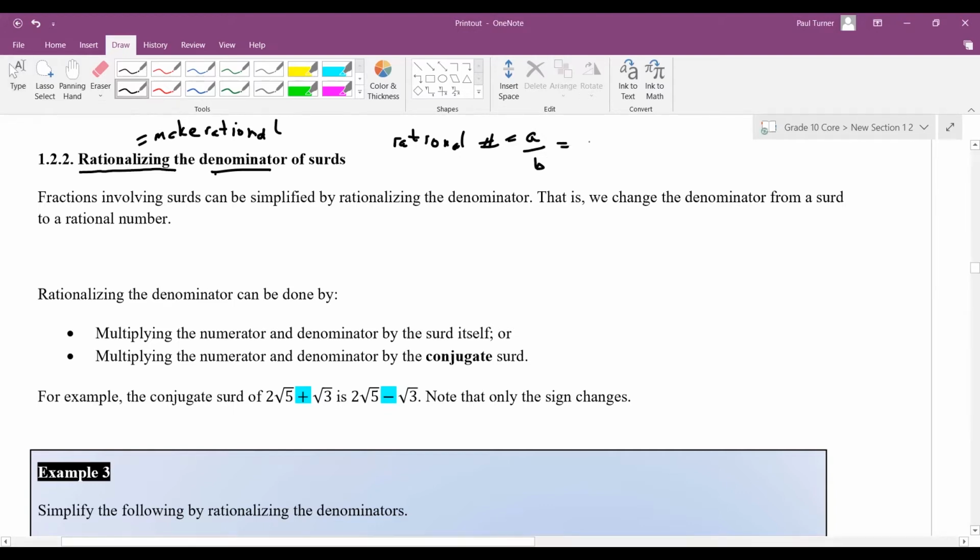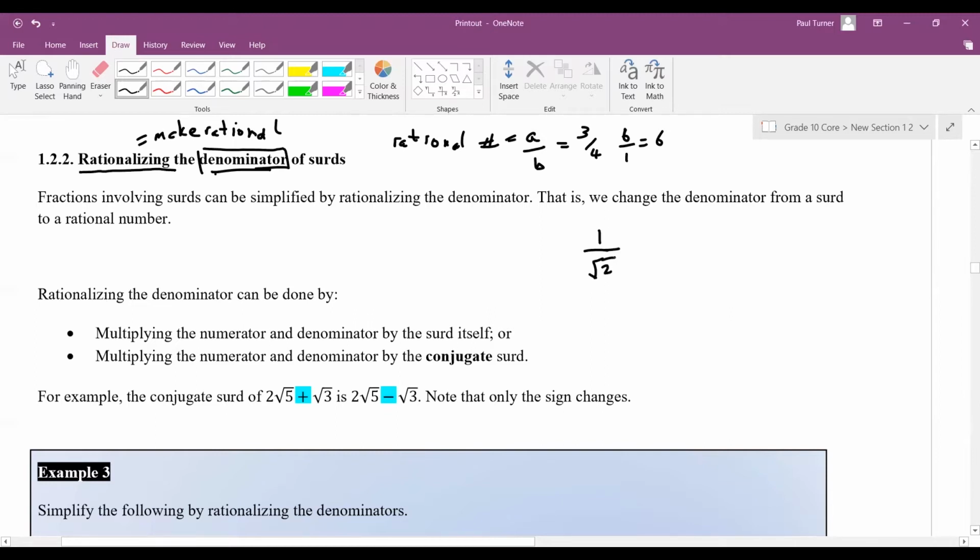So, for example, you could have 3 on 4, 6 on 1, which is 6, for example. So we want to make the denominator a rational number. Okay, so the simple one would be like 1 on root 2.